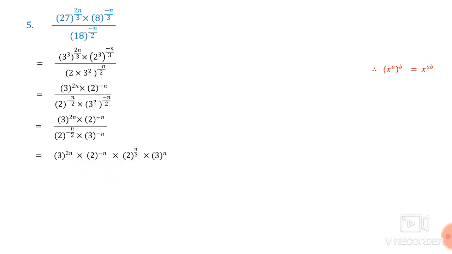So when bases are same, we simply add the exponents. Applying this law, we will have 3 exponent 2n plus n, 2 exponent minus n plus n upon 2. Solving the exponents, we have 3 exponent 3n and 2 exponent minus n upon 2.